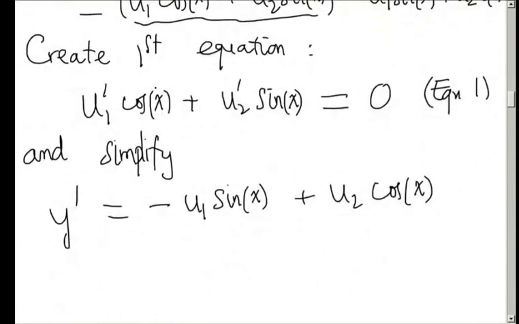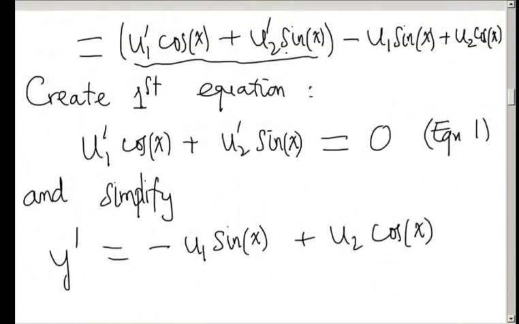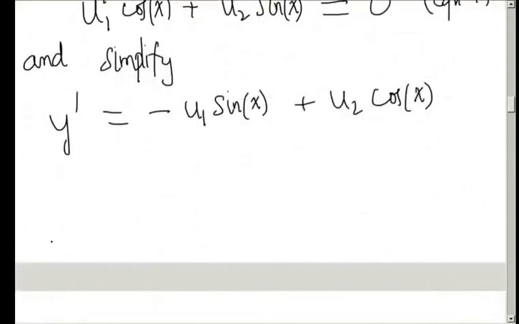So it's very important in the method of variation of parameters that we create our first equation exactly in this format. We use the u1 derivative and u2 derivative to make equation 1, and at the same time to simplify y prime to just two terms instead of 4 like originally. Now continue taking the second derivative, y double prime.